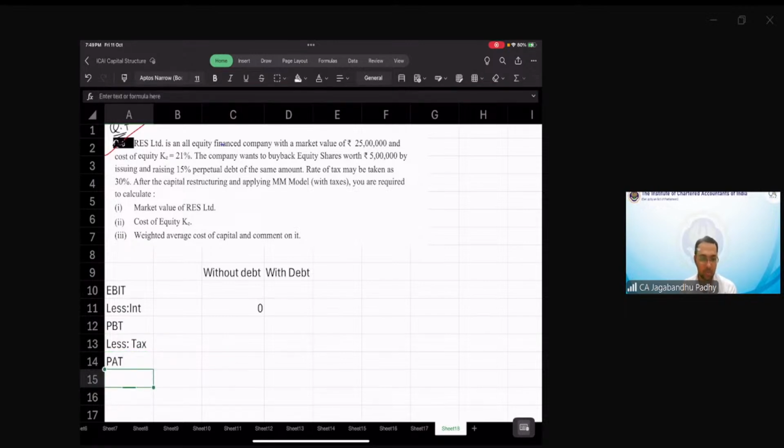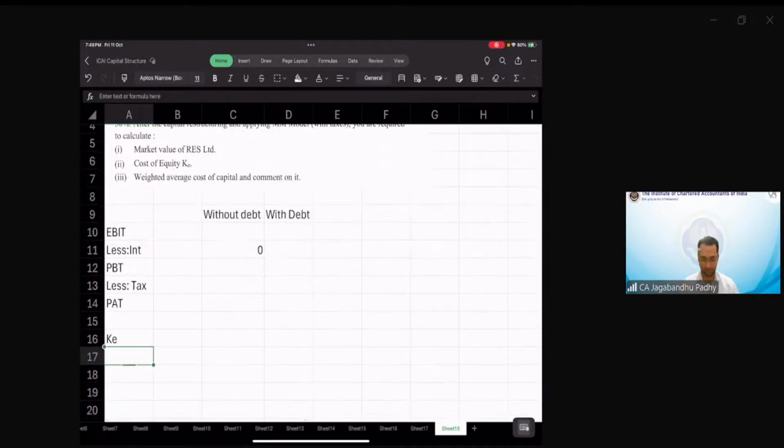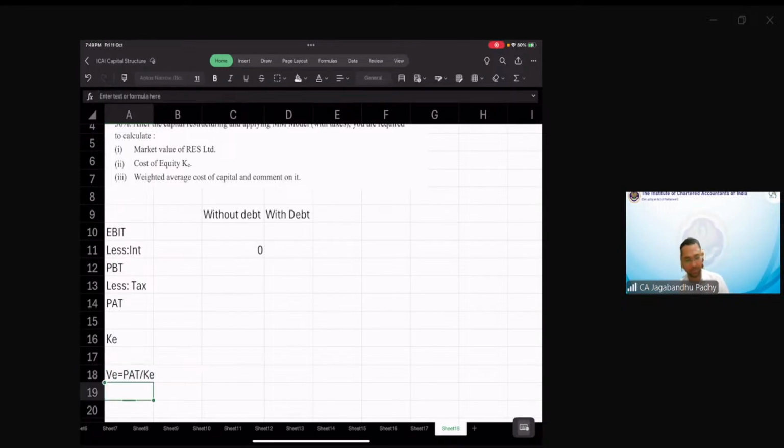But cost of equity and the market value is given to us. So we know the cost of equity, and we know the value of equity can be calculated as PAT divided by K. So that's simply PAT divided by K.